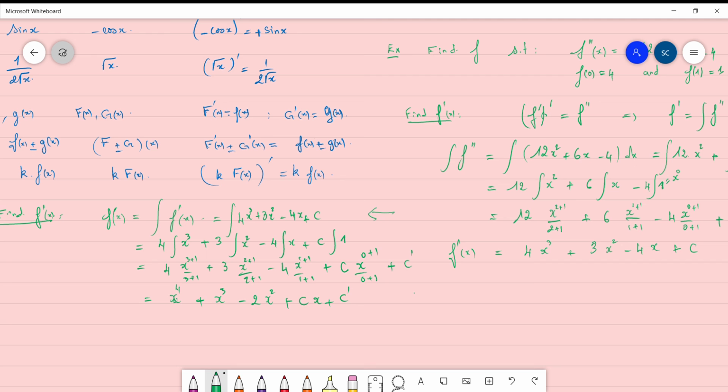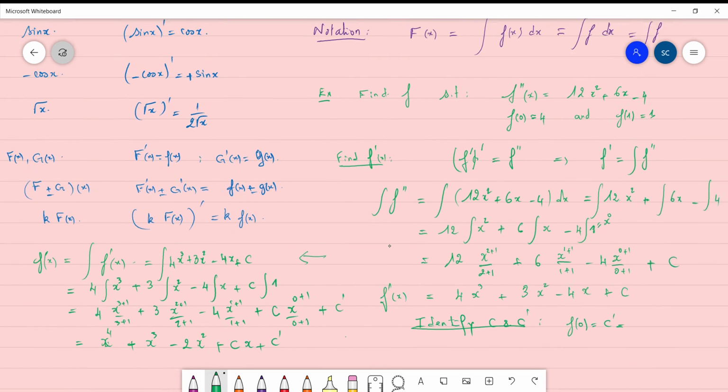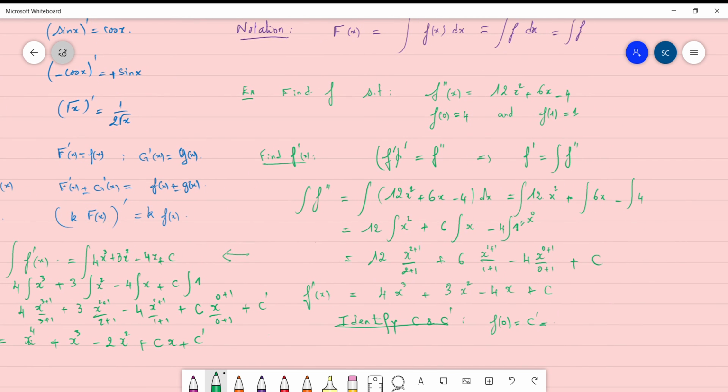Now, to identify my function, I can substitute the information. The last step is to identify C and C'. f(0) gives me C', which by assumption from the beginning is 4.